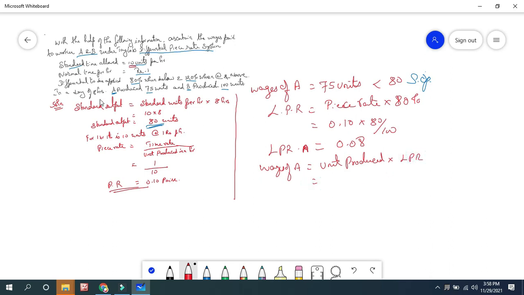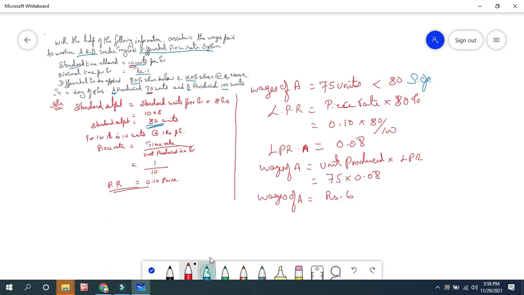A produced 75 units, so 75 into 0.08. Wages of A is equal to 6 rupees.